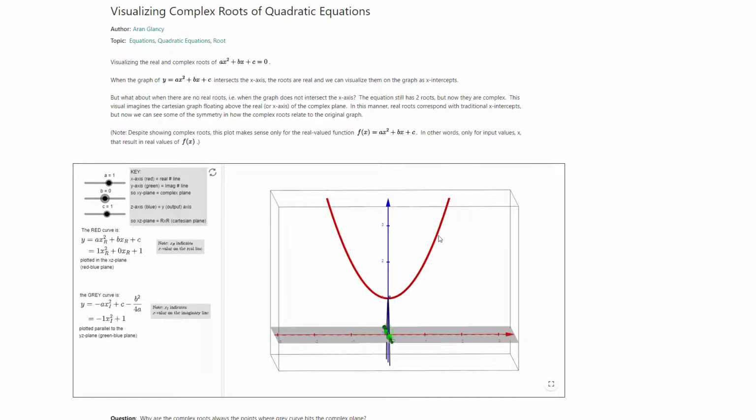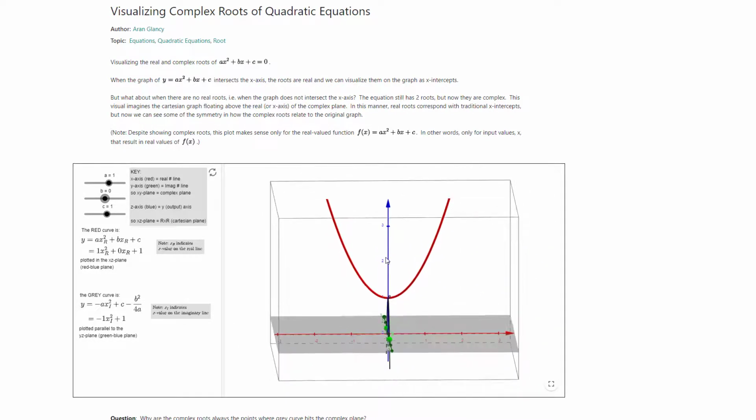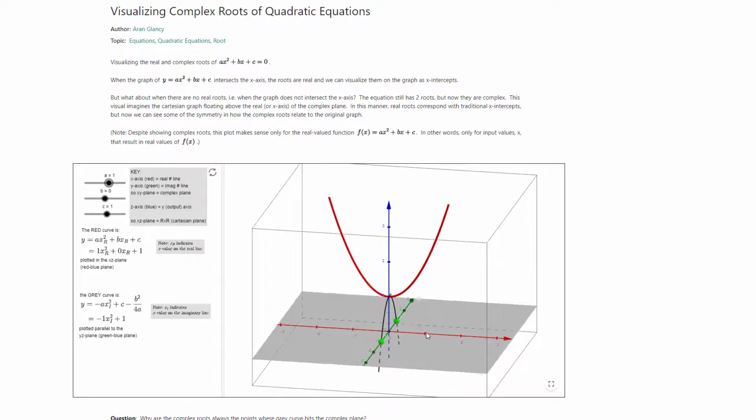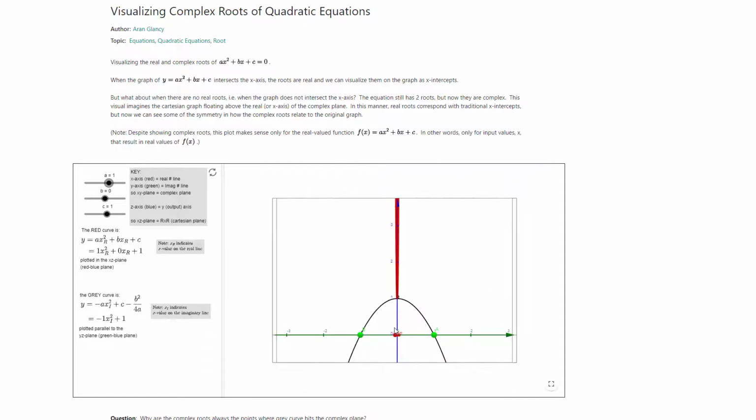Imagine reflecting this red curve about its vertex so it flips upside down, and then it gets turned into the wall 90 degrees. That's exactly what happens. So again, it gets reflected to be upside down and turned 90 degrees, and there is the complex plane solution.